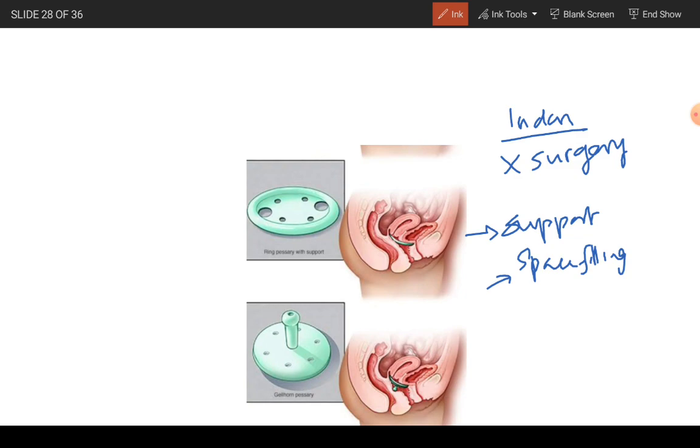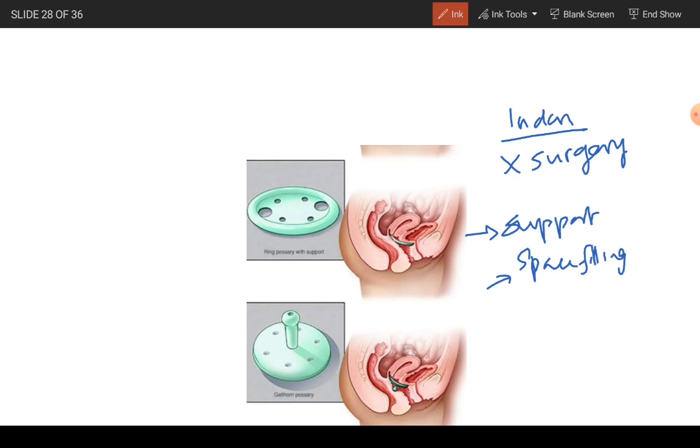Then you ask the patient to stand and cough, to make sure that the pessary is not coming down, or the uterus is not coming down. And ask her to void urine, and make sure that she is able to void without any difficulty. Then you ask her to come for follow-up after 2 weeks or after 3 months.